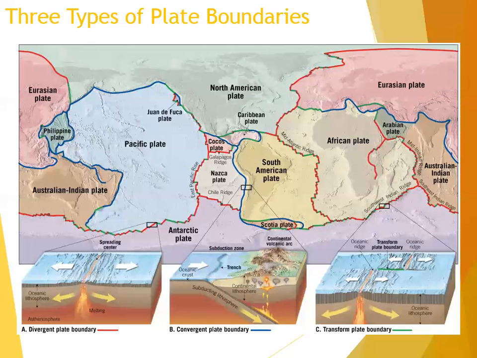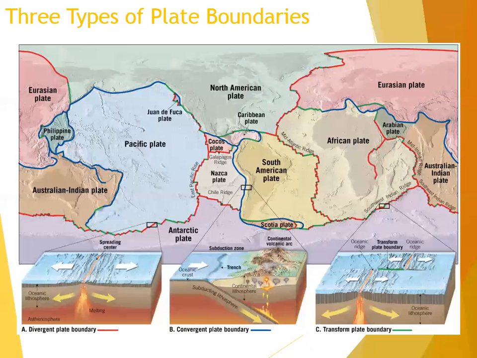We also have convergent plates. What do you think happens there? They're coming together. Because they're coming together, these are usually called destructive boundaries because one plate is going to be changed in form or destroyed. And then we have transform plate boundaries. What do you think happens there?